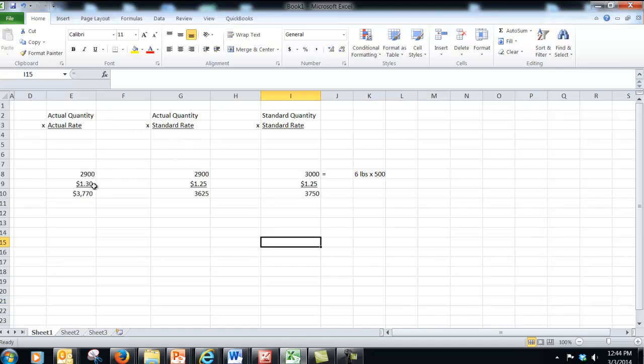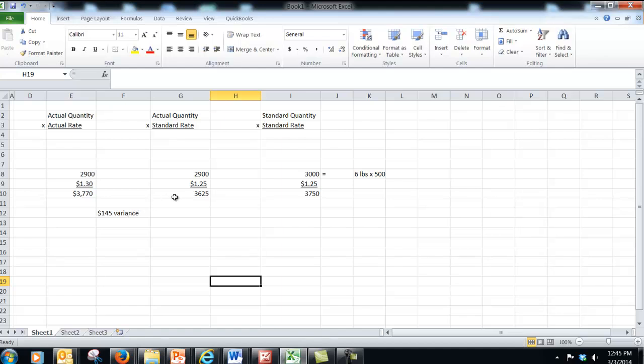So if we multiply these two together, we get $3,770. And if we multiply the actual quantity times the standard rate, we're looking at $3,625. So we can see here the difference between these two is $145 of a variance.